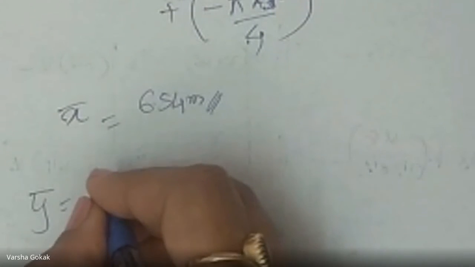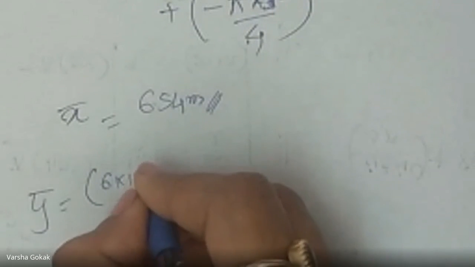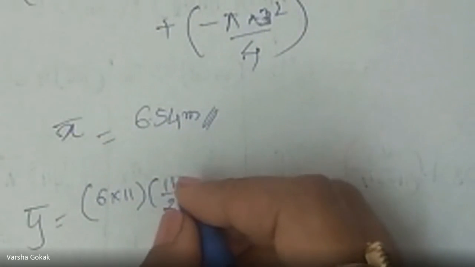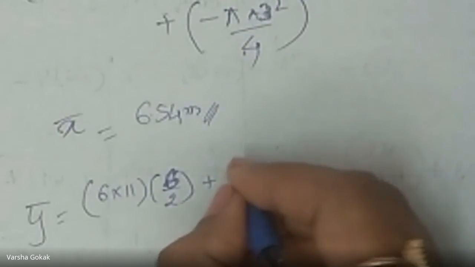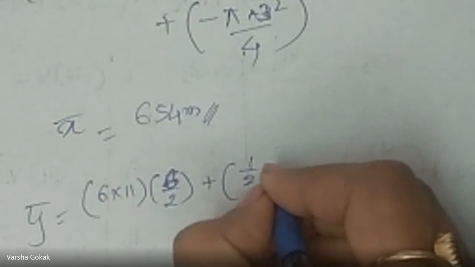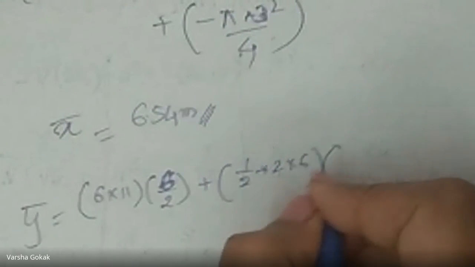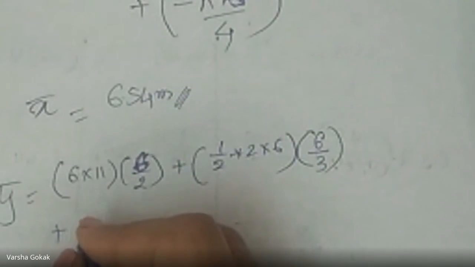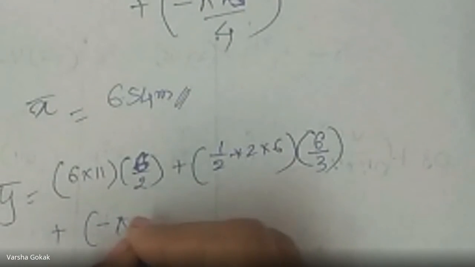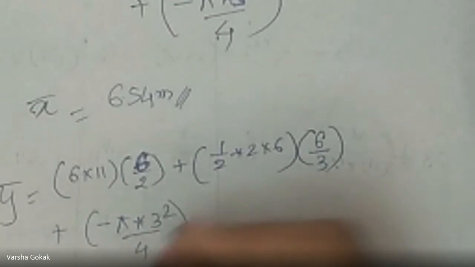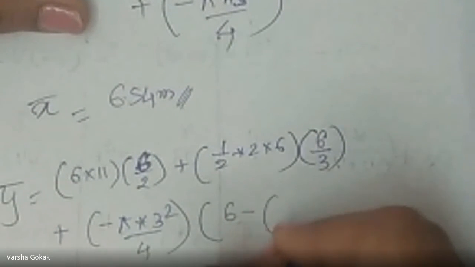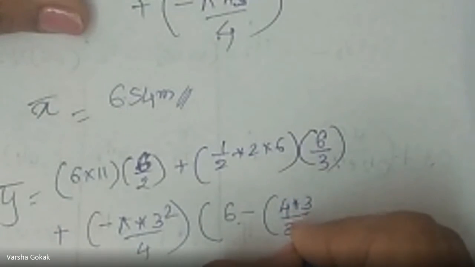I'll substitute for y bar. Y bar is A1 y1, 6 into 11, area into y bar, 6 by 2. Plus A2 y2. A2 is half into 2 into 6, Y2 is 6 by 3. Then A3, minus pi into 3 square by 4, into Y3, which is 6 minus 4r by 3 pi.